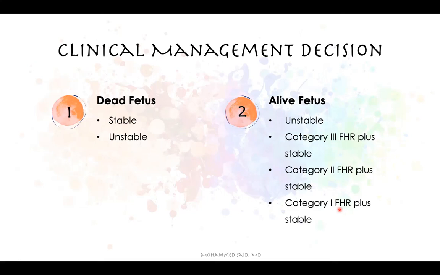Patients who are asymptomatic from the start, in a different scenario, you can manage as outpatient, provided that they are well educated, they have emergency transportation and all this stuff. But in general, you will manage these patients in the hospital.